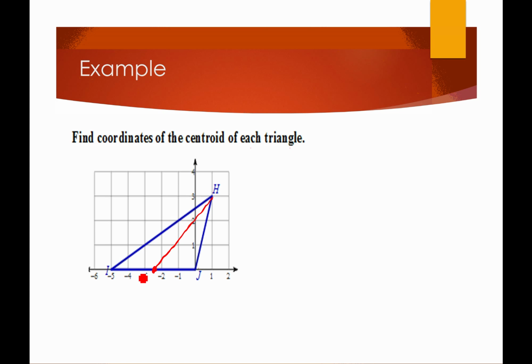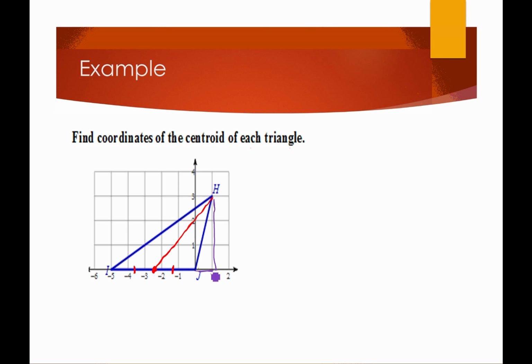There are lots of other ways to find my other two midpoints. One of the ways you could use is to look at a slope triangle. So we would go over 1 and up 3.